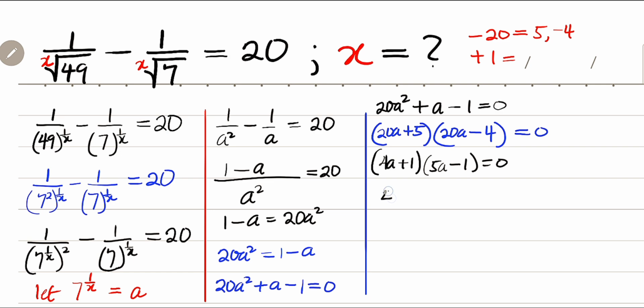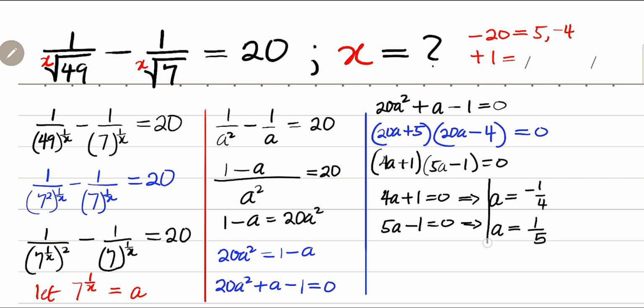So here we have that 4a plus 1 equals 0, which if we subtract 1 from both sides and divide by 4, we end up having that a equals negative 1 over 4. Now for the second case, we have 5a minus 1 equals 0, which when we add 1 to both sides and divide both sides by 5, we end up having that a equals 1 over 5.